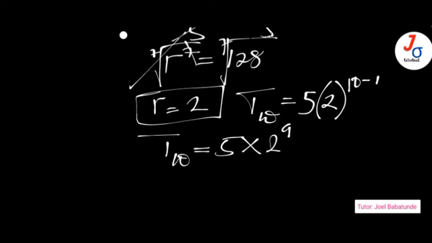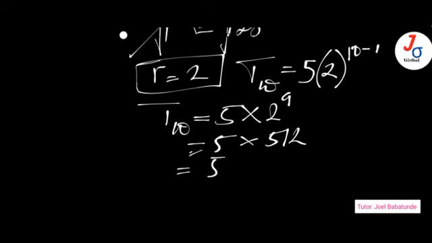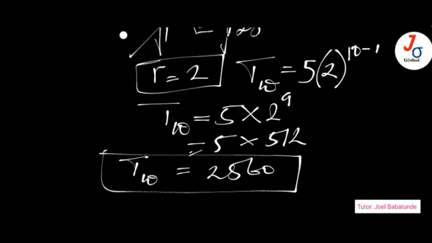What's 2 raised to the power of 9? It is 512. And so that's 5 times 512, which is 2560. So this is the answer to that question.